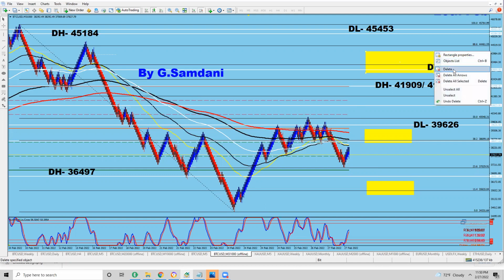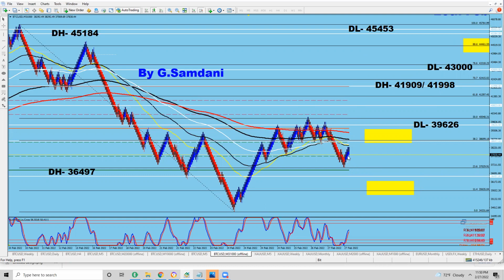A Bat pattern requires a bounce from 50 to 23%, and it usually goes back to 88%. So if it goes above this line here, from a short time period chart I'm going to make an entry somewhere and hold on to it all the way to the upside. So that's how it is.